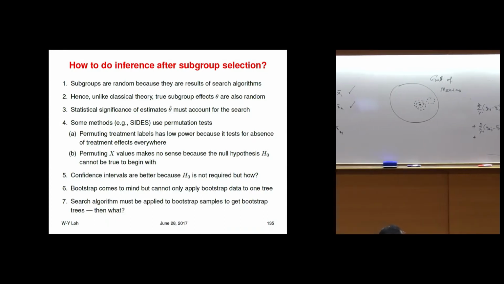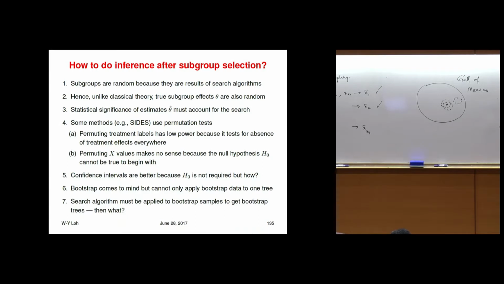So unlike classical theory, the true mu, I call it theta here, the theta are also random. The theta here is defined by your sample, right? If I have a different sample, I have a different subgroup, there is still my expected y in there. But it's not the same expected y there as the expected y there. So now your theta is also random, okay?